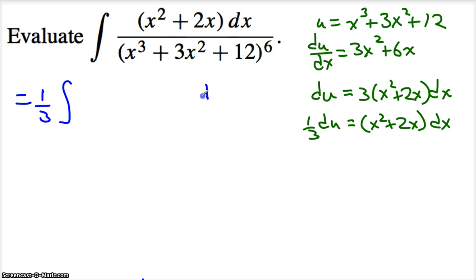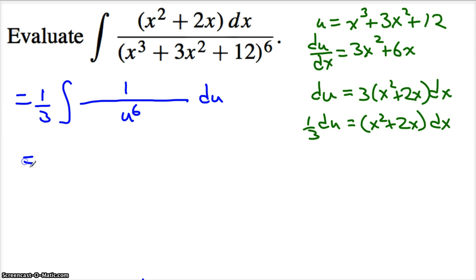I'll write du to the side here, and the numerator, I'll just put a 1 here. The denominator we replace with u, and this is to the 6, so we have to put the 6 as well in there.